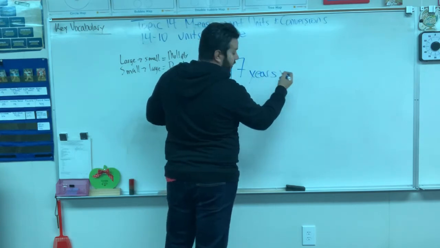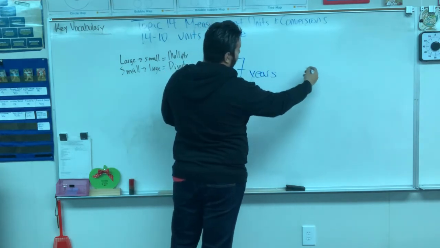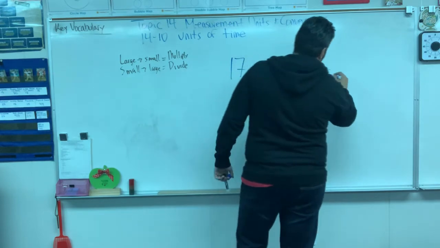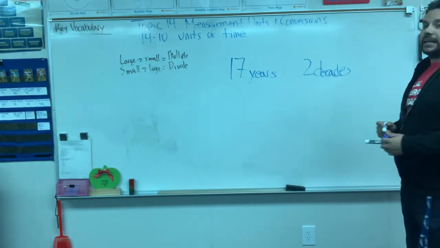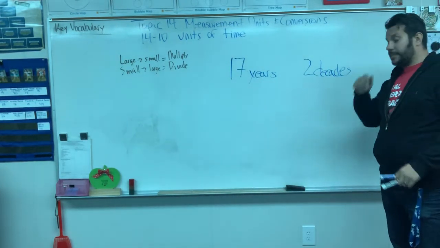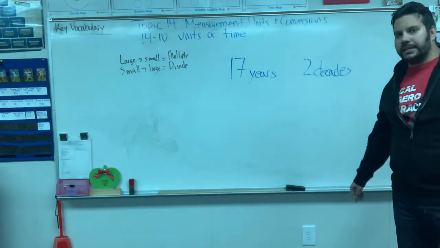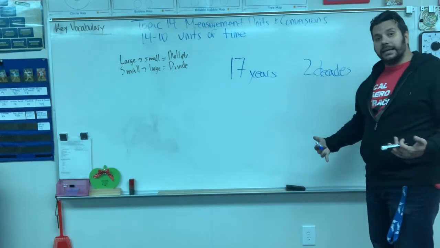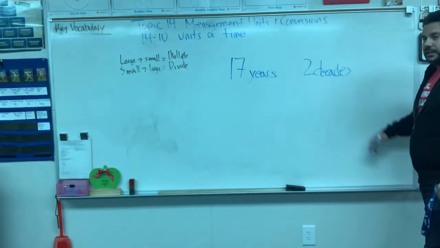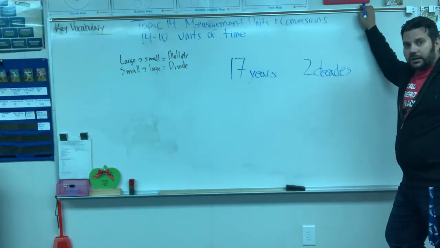17 years or 2 decades. That's messy. 2 decades, okay? What's your chart say for decades? Well, a decade is, actually, hold on, you solve it. Once again, pause and solve, please.